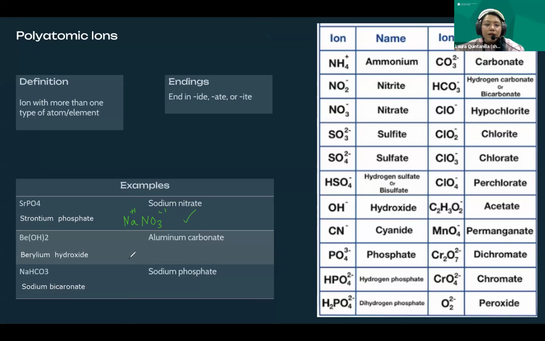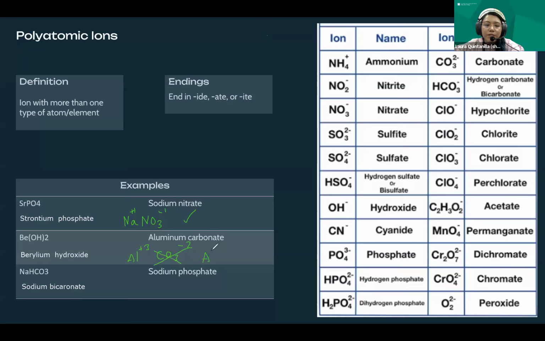The next one, aluminum is going to be Al. Aluminum has a +3 charge. And then carbonate is a CO3. I'm blocking it on my screen, but it's a 2- charge. So that is a red flag because they are not equal and opposite. In this case, we're going to have to crisscross.